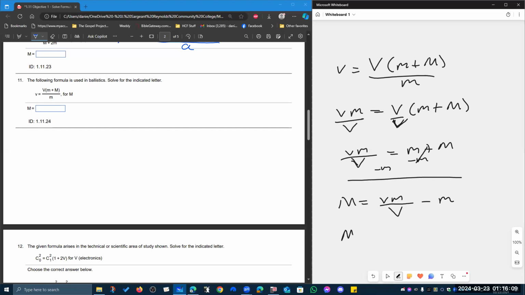That big M is going to be little v, little m minus big V, little m over big V. Or we can write that as m times little v minus big V over big V. It's closer to how it started off with parentheses like that.